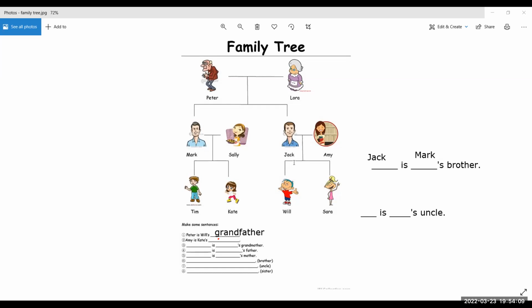So Jack is whose uncle? Tim and Kate. Right. And Mark will be Will and Sarah's uncle. So we can say Jack is Tim's uncle or Kate's uncle. Good. All right, good job.